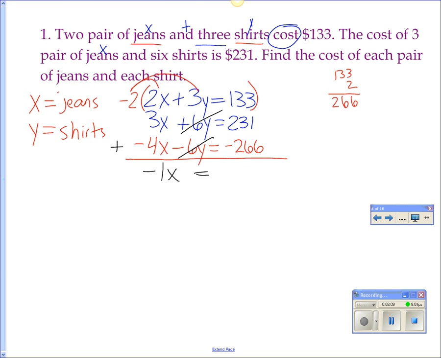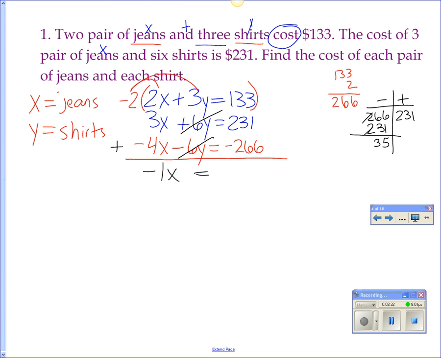For this, I'm going to use my chart. So 231 is positive. 266 is negative. I'm going to have to move it, lose it. What's 6 minus 1? 6 minus 3? And then those cancel.